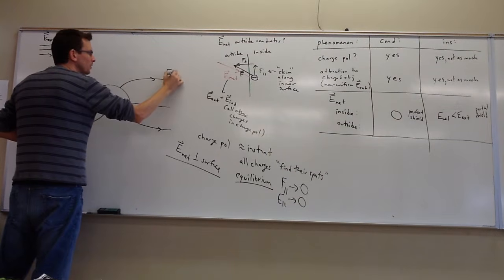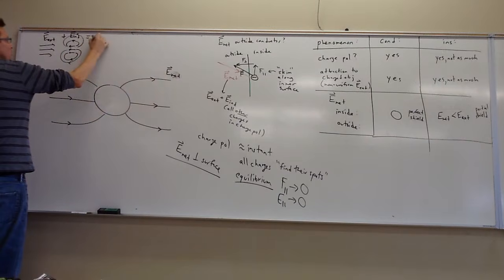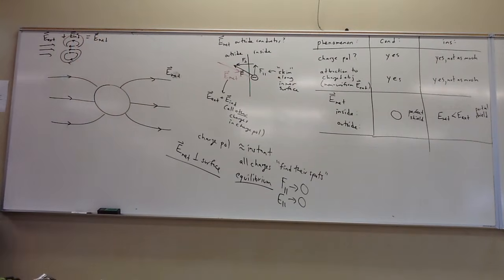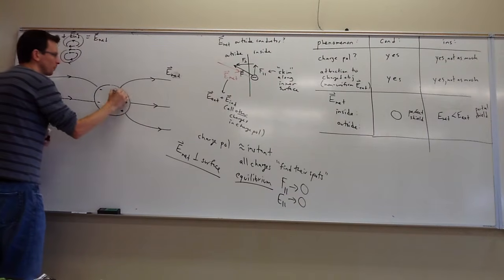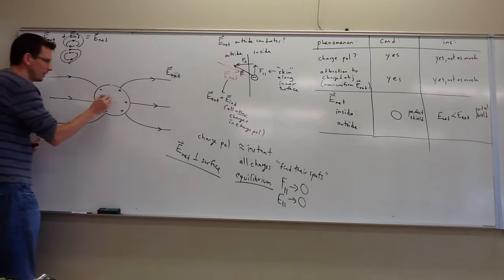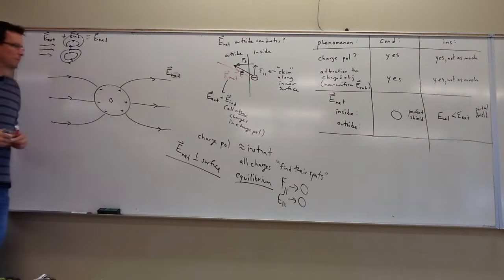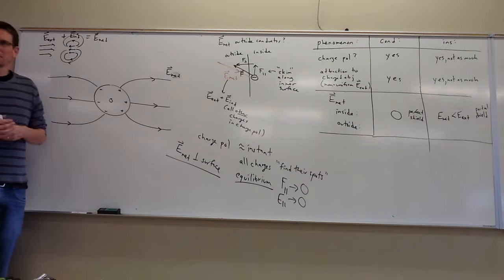This is E net now. This is the sum of these two, which is E net. I guess I should draw the charges, minus and plus. That is the net electric field. Inside, it's 0. We already knew that. And this drawing allows me to show you that the outside, it's bent perpendicularly to the surface.